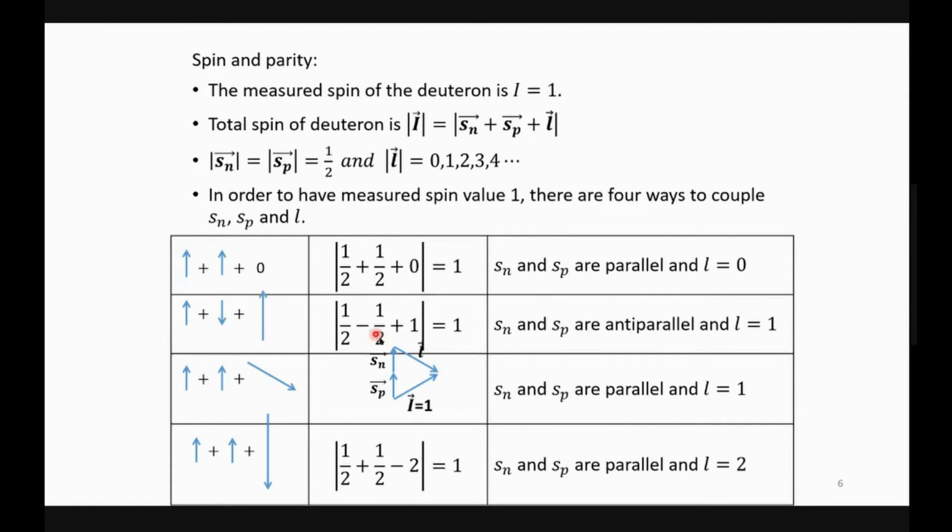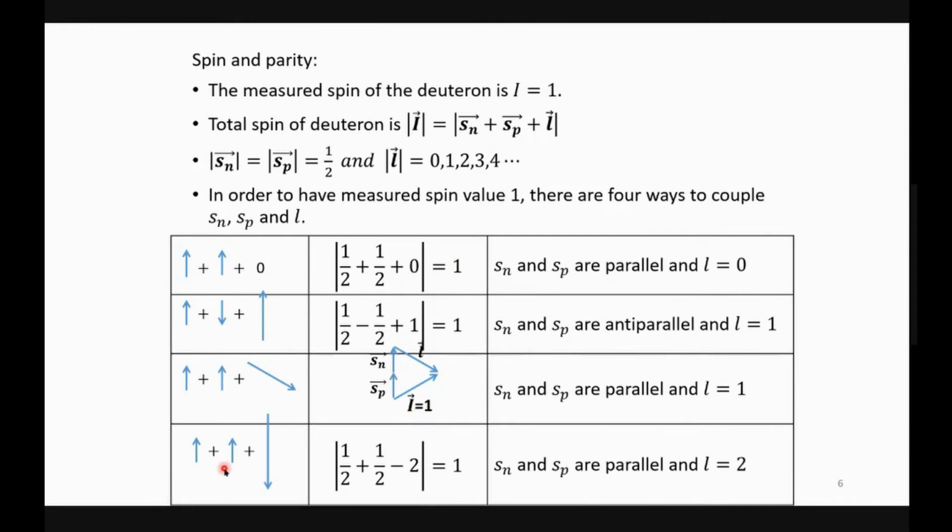So half minus half plus 1 makes the total spin 1. So Sn and Sp anti-parallel and L equal to 1 is another possibility. Or Sn and Sp are parallel and spin up, and L could be 1, which makes the total angular momentum, through this vector diagram, equal to 1.